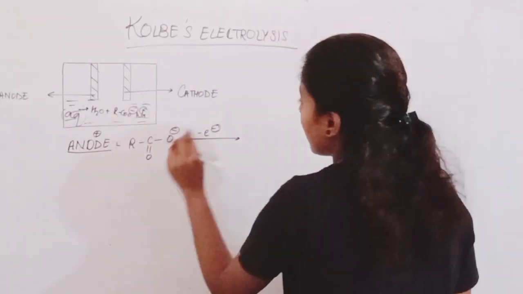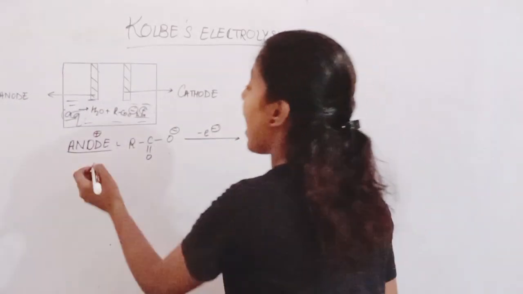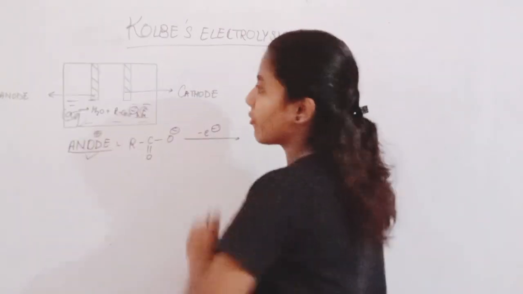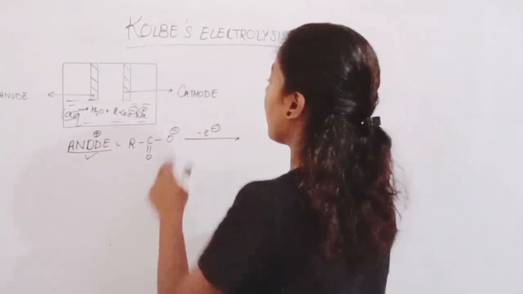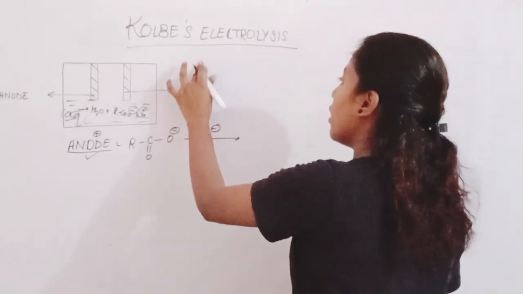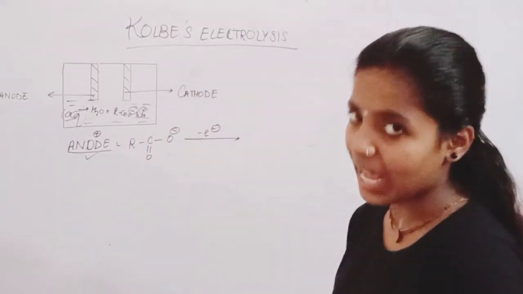This particular reaction will lose an electron. At anode you are required to know that the electron is lost, and that lost electron will go and jump to the cathode.